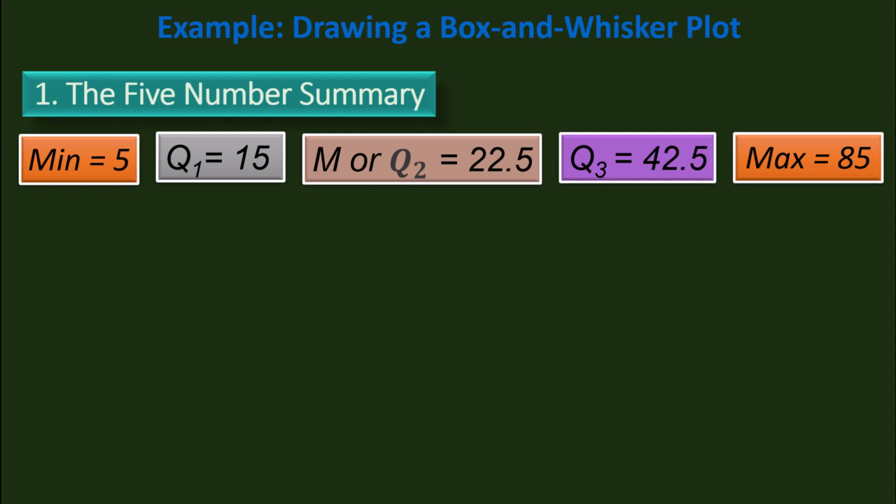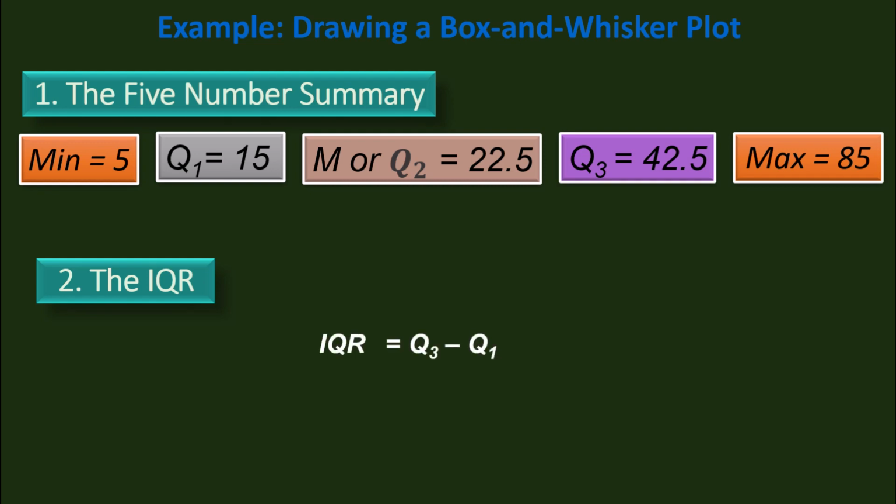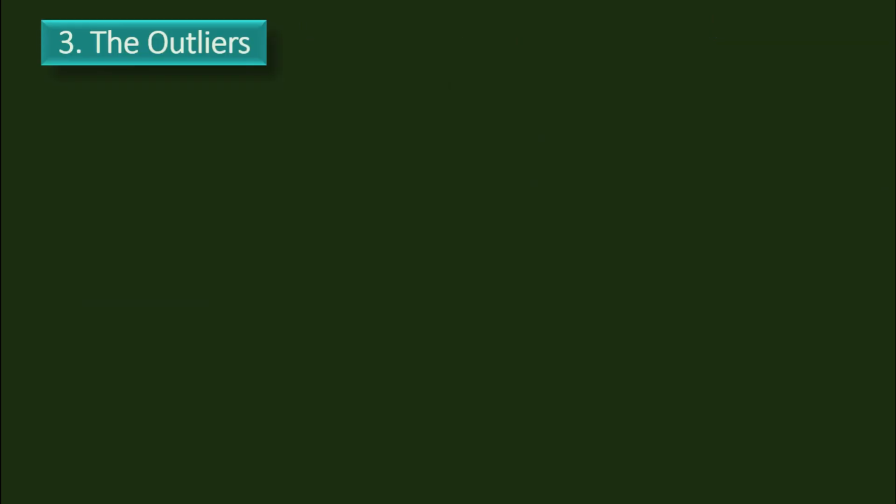What is next? Once we have a 5 number summary, we should find the outliers. To find the outliers, we need to find the IQR. What is the IQR? IQR is Q3 minus Q1. So, in our case, it is 27.5 minutes. Now, go to the outliers. How do we find the outliers?